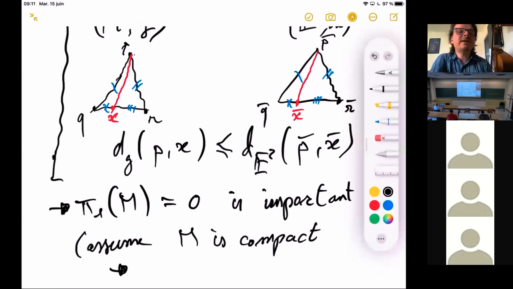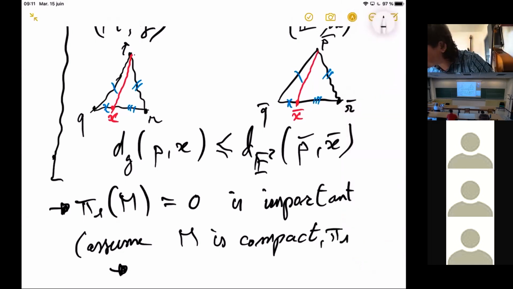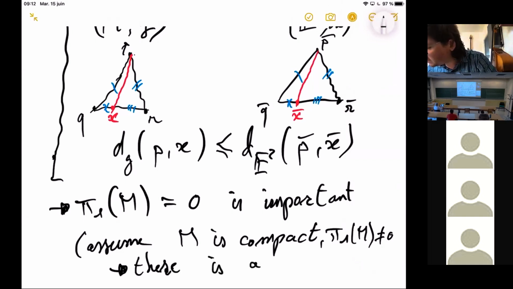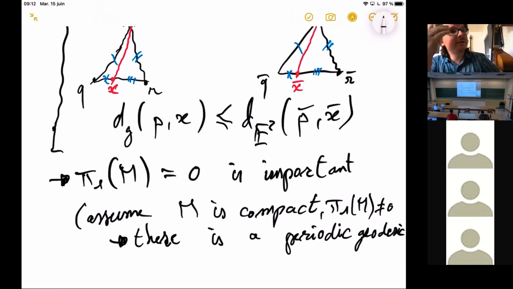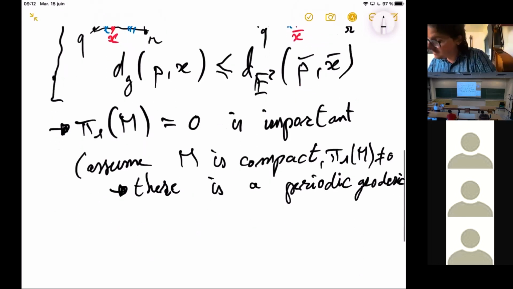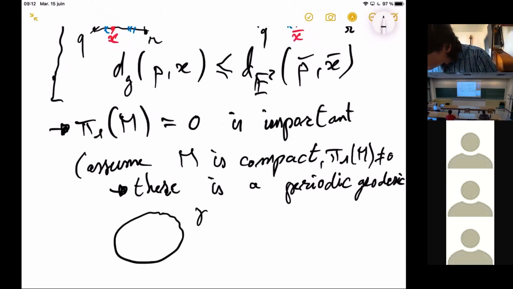So if M is compact and pi_1 is not 0, then there is a periodic geodesic, which is length minimizing.